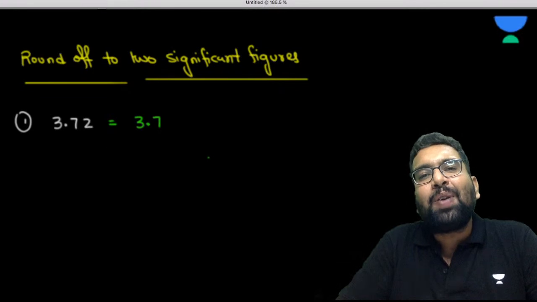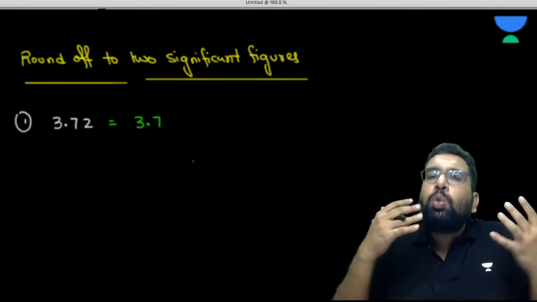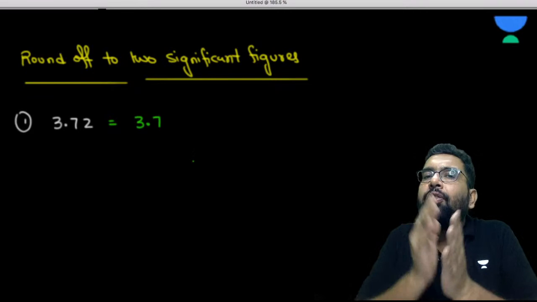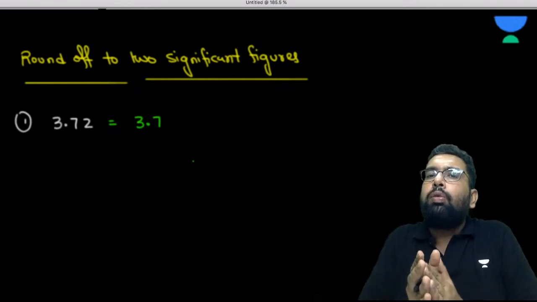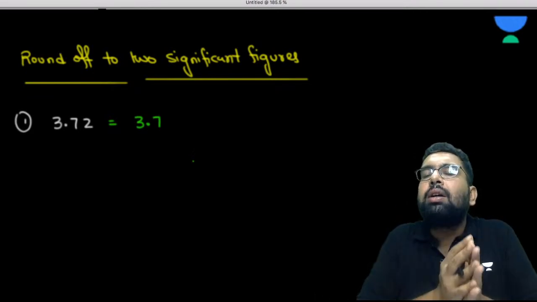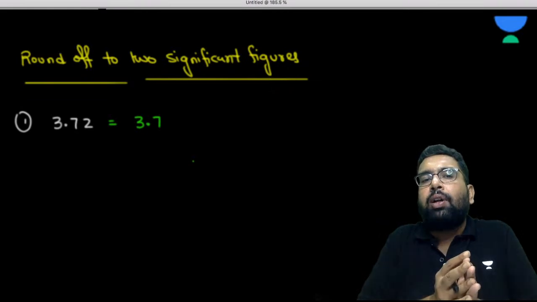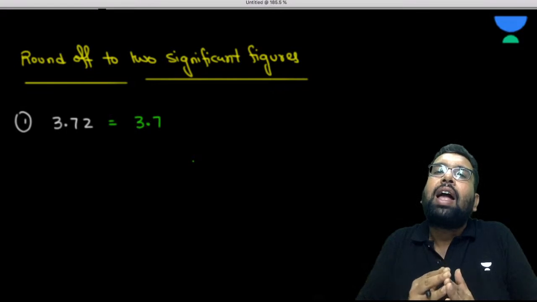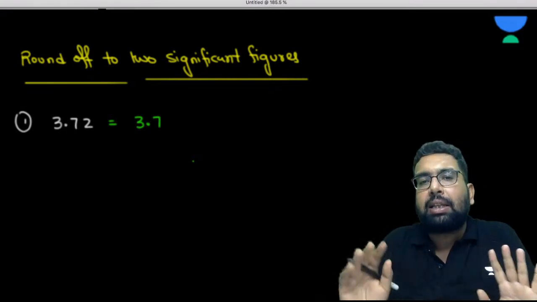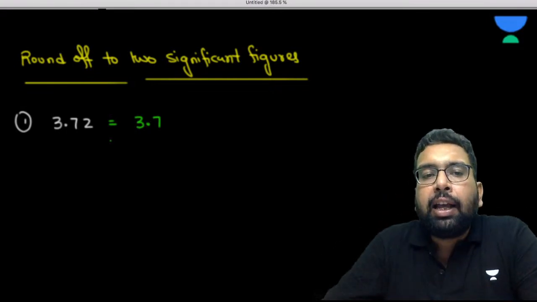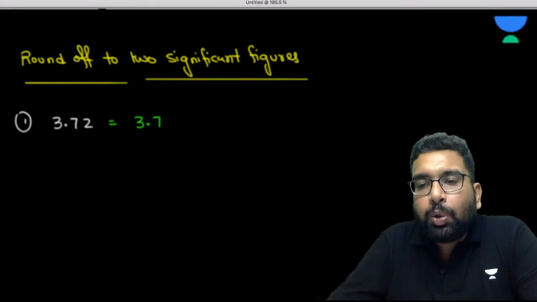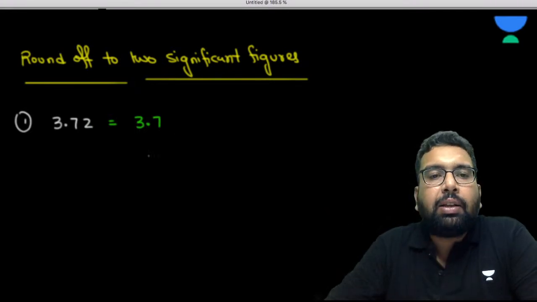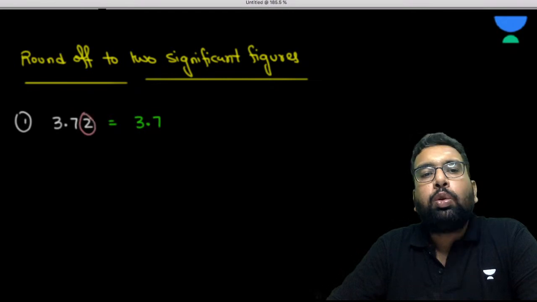Why so? Because we know this concept: when we want to round off to a digit lesser after the decimal, if a number is less than 5, we keep the number the same.